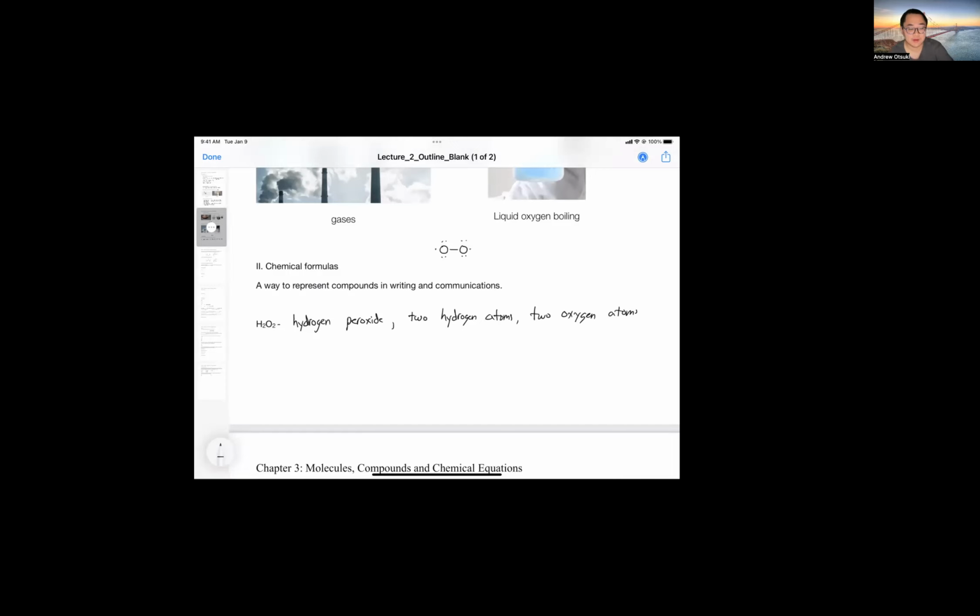When we draw this structure, we have to think about how it's bonded, and it's bonded like this: HOOH.